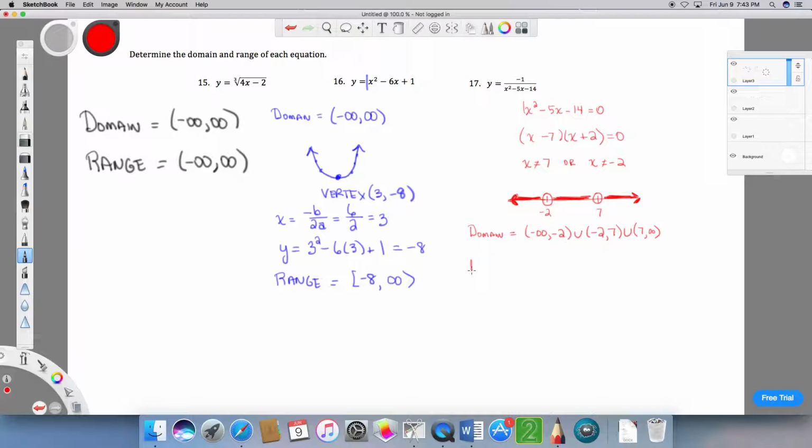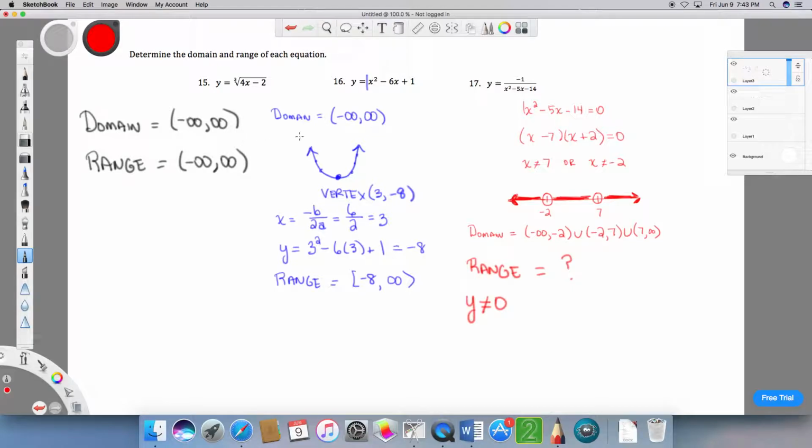Well, the one thing I know for certain is with this numerator being negative 1, this fraction will never equal 0. I know that 0 is not in the range. But to exclude other values, I'm not sure, and I'm going to have to go to the graph.